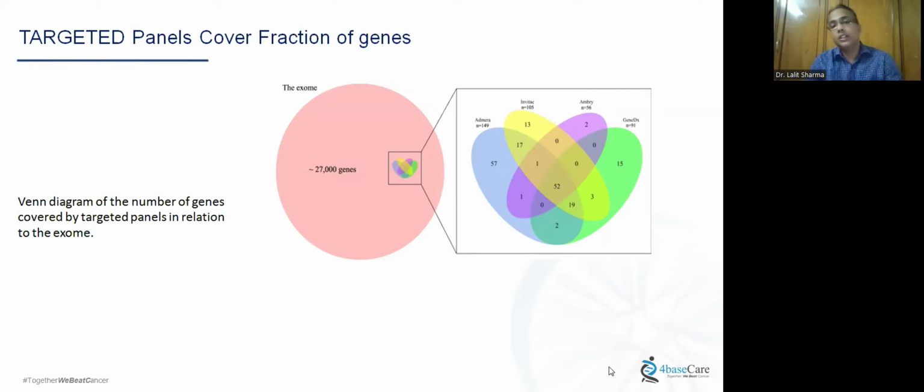I believe the larger panels or the broader based comprehensive genomic profiling rather than panels is the answer for two reasons. One is that the chances of discovery are far more here. We get answers which we probably were not looking for to start with, and can improve outcomes.